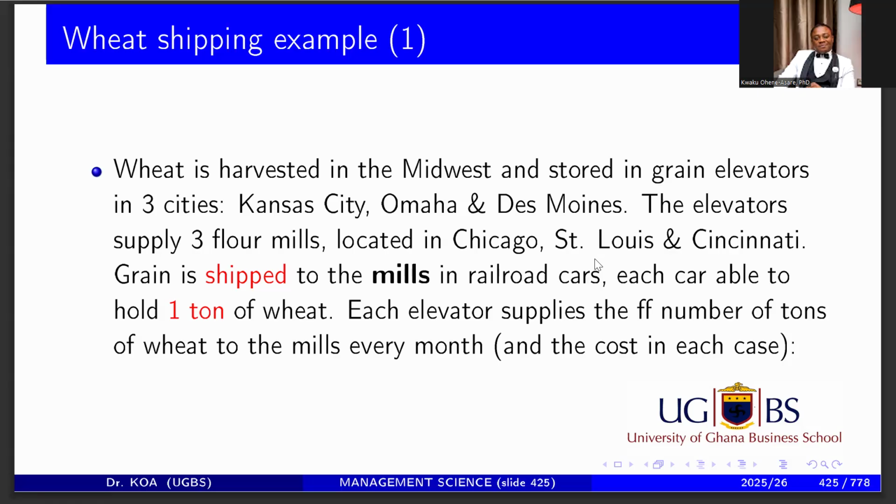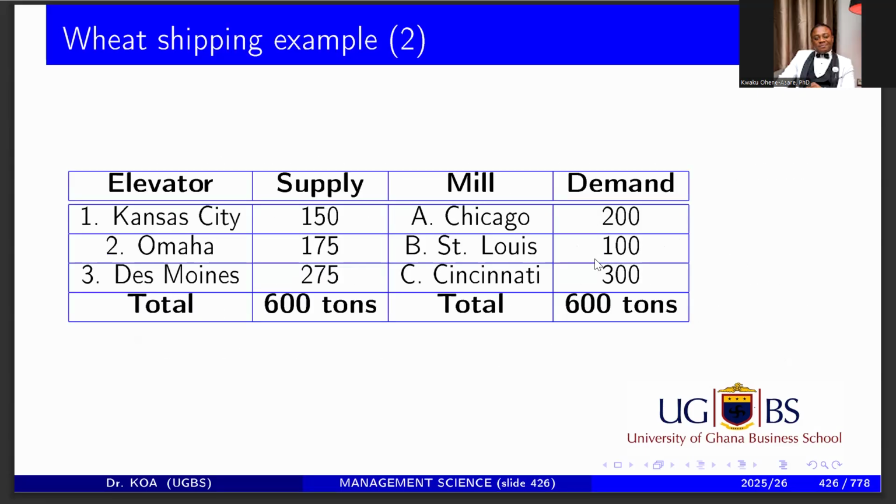Now, let's look at the items. Remember, we have elevators sending the wheat to the mills, from elevators in the 3 cities to the mills in the 3 cities. As an example, Kansas City is supplying 150 tons of wheat, and it's going to supply it to all these 3 cities. Omaha is supplying 175 tons of wheat.